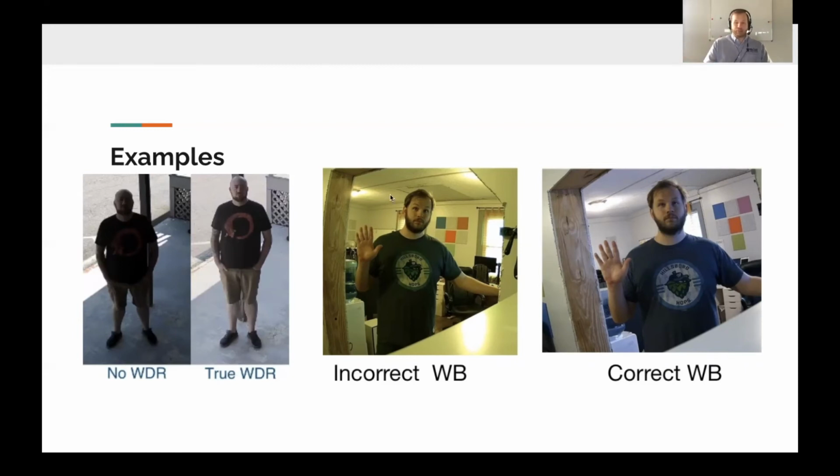Here's another example. So this is incorrect. This is way too yellow of a white balance. Certain types of lights can trick a camera. Like, I know one customer I helped had a beer sign in the bar that was right next to the camera that was blaring red on the image. So the camera thought the image was a lot more red than it actually was.